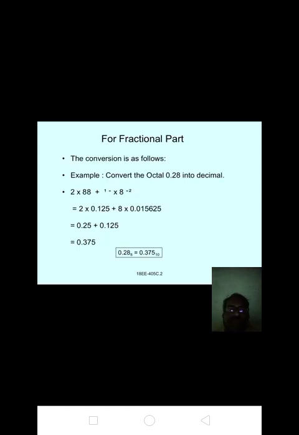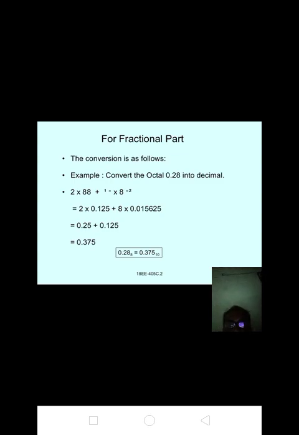For the fractional part, the conversion is as follows. Convert the octal 0.28 into decimal. We take only the fractional part, that is 28. 2 into 8 power minus 1 plus 8 into 8 power minus 2, that is 2 into 1 by 8 plus 8 into 1 by 8 square.